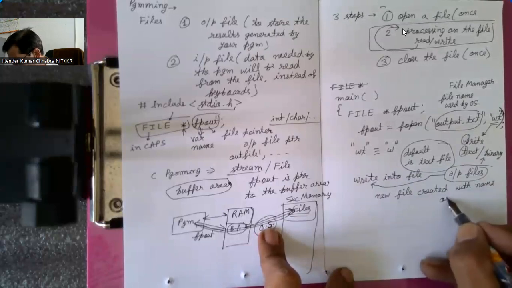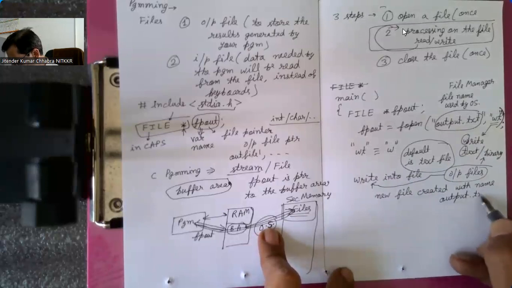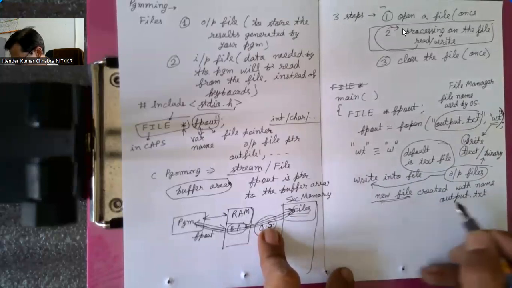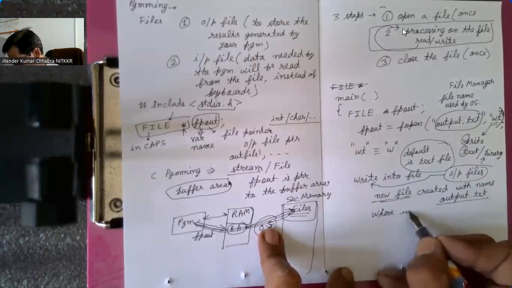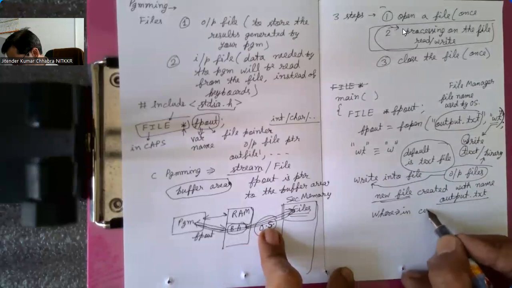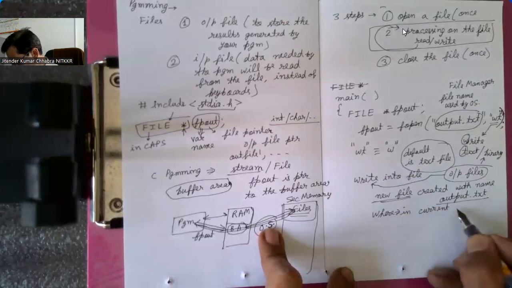Even if the file existed, it will be overwritten, or previous contents will be lost and a new file will get generated. Where? Always into the current folder. By default, it will always be stored into the current folder.